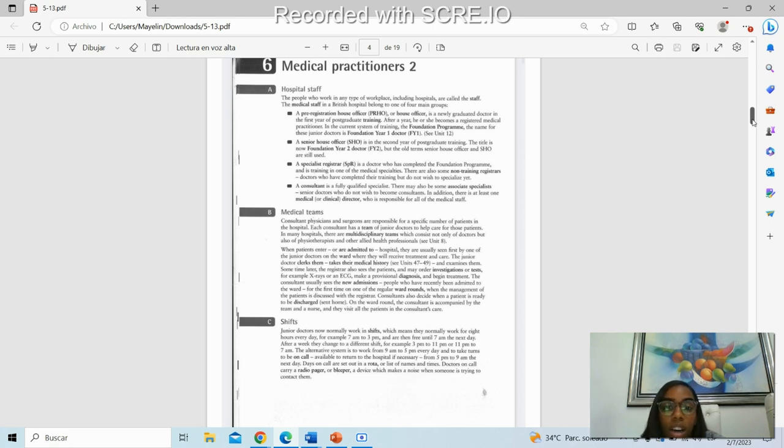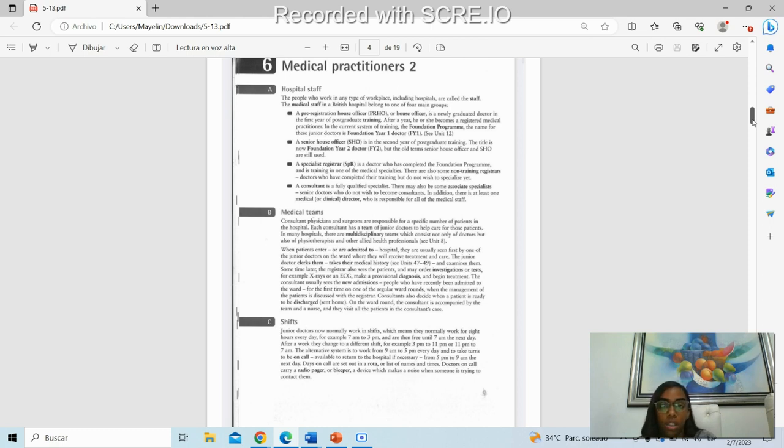In addition, there is a medical director, a senior doctor who is responsible for all the medical staff. Medical teams: consultant physicians and surgeons are responsible for a specific number of patients in the hospital. Each consultant has a team of junior doctors to help care for those patients.